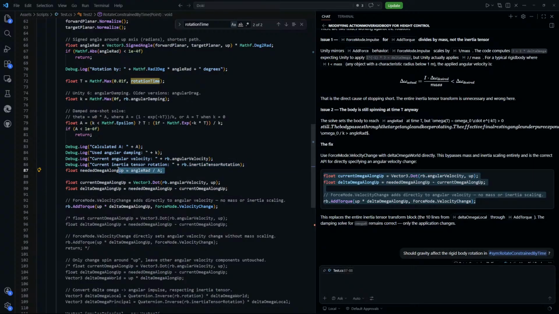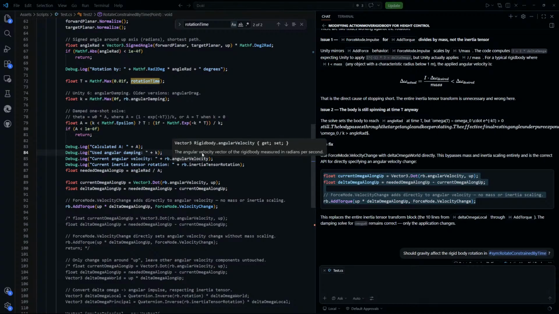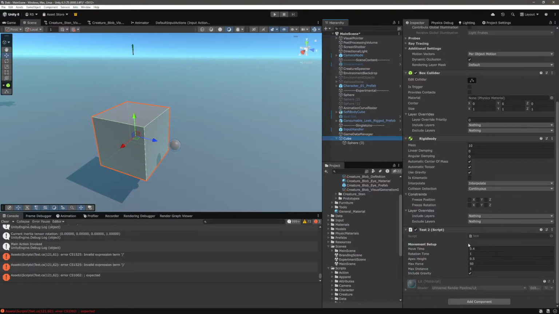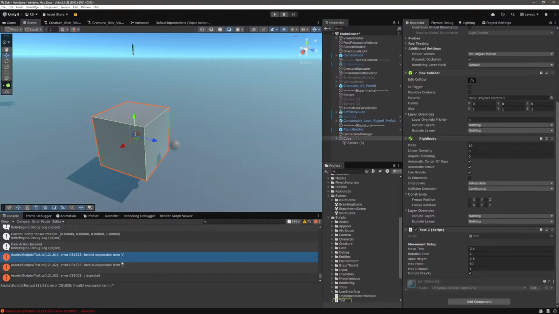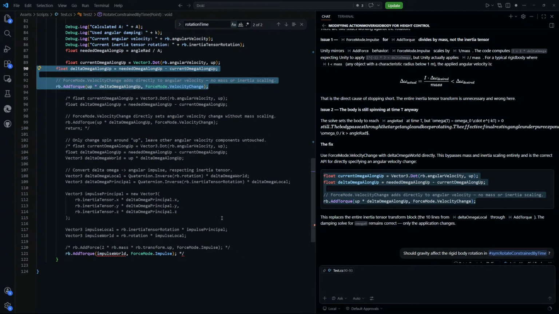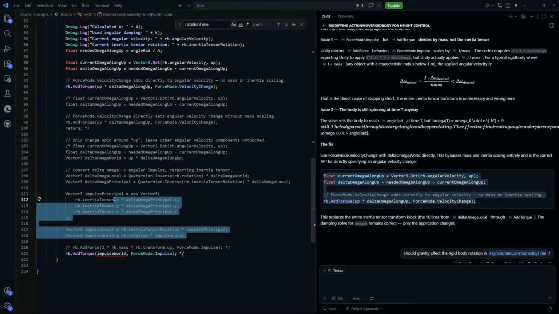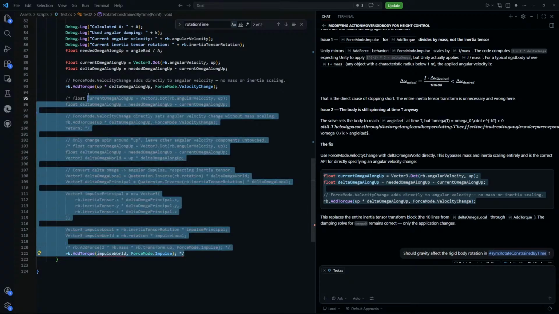Yeah, let's start with damping at 0 and time is 1. Rotation time 1 and that's 0. Okay.